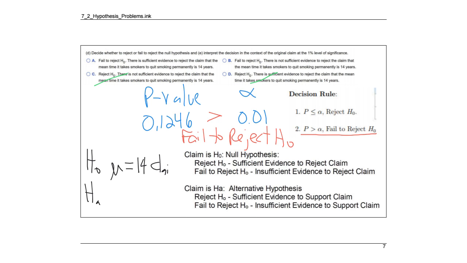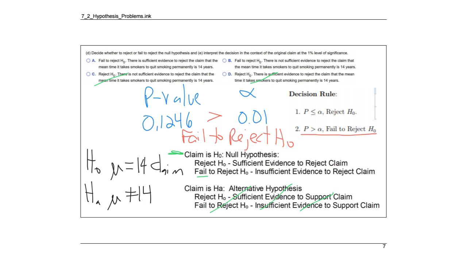This was my claim. And then the alternative is that the mean is not equal to 14. So this time, my null hypothesis is my claim. So I don't need this part. I only need the top here, where the claim is the null hypothesis.